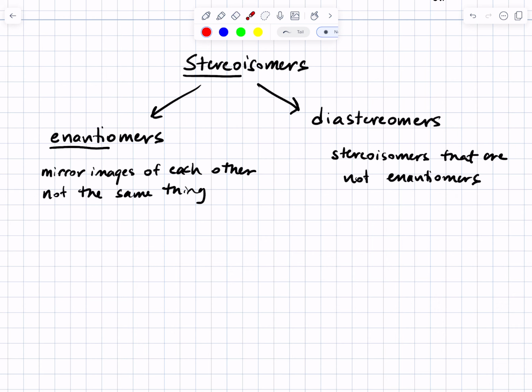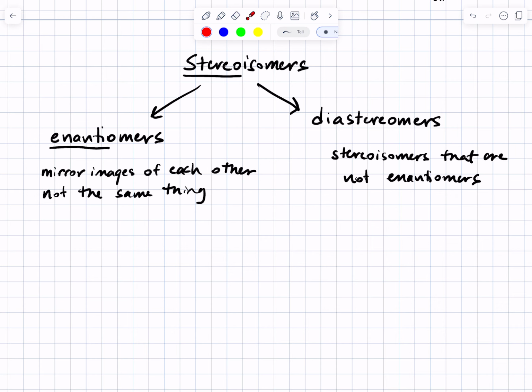Well, let's try to line up green and yellow. I can do that, but now purple and orange are in the wrong place. I can twist them around, move them around. I can do propeller spinny action. I can do pancake flip it over action. No way to make these two be the same thing.